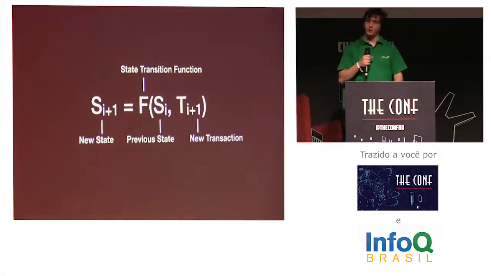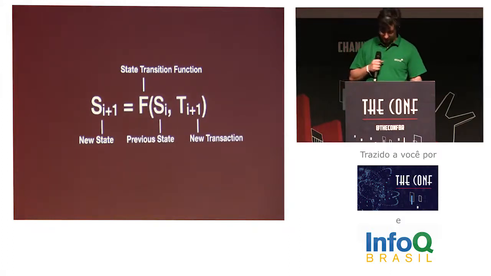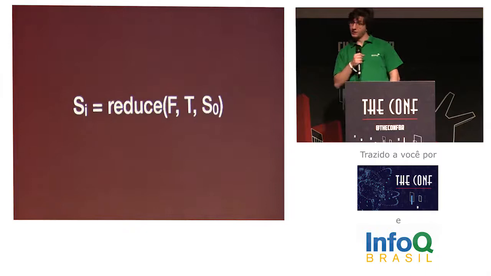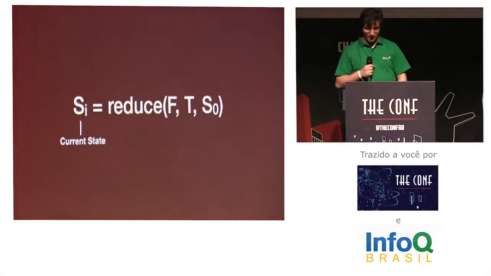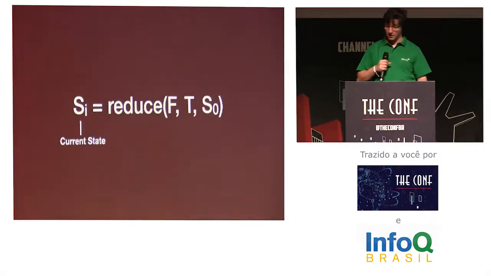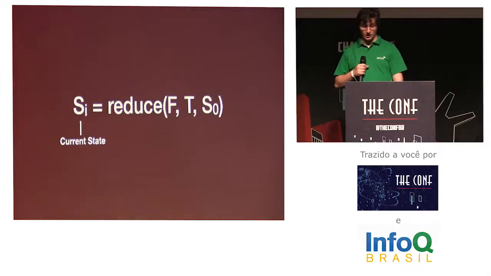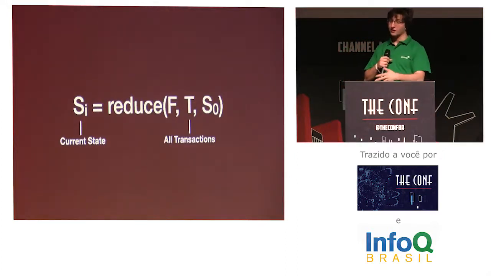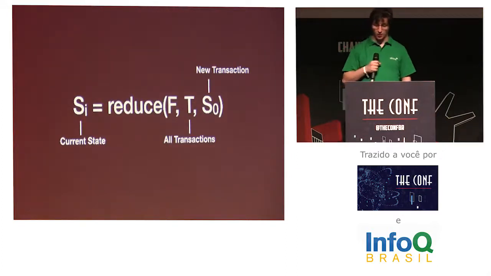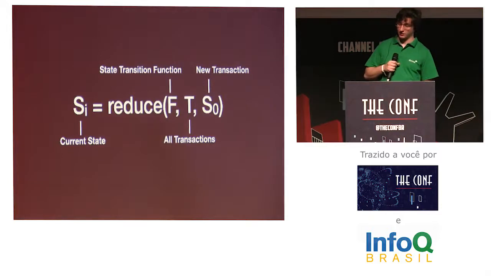If you want to know any state at any given point, for example the current state, and you know a little bit about functional programming, it's just like a reduce over all transactions, starting with the first state and applying the state transition function.